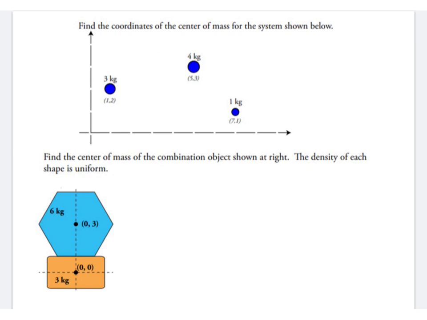I wanted to go through these 2 problems with you. This is a much more straightforward example of finding the center of mass than a firework. We have 3 different particles.